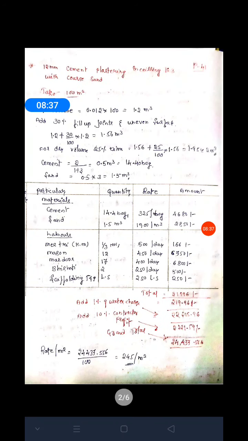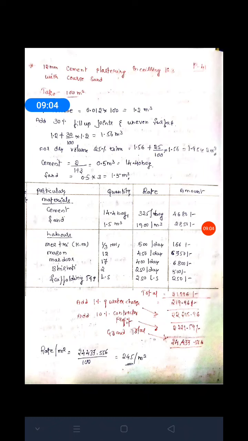Okay, then the same plastering will be carried out for the ceiling here. 12 mm cement plastering in ceiling, the proportion is 1:6 with coarse sand, and the quantity, as we mentioned, is around 100 square meter. And again we should calculate the materials, which will remain the same.